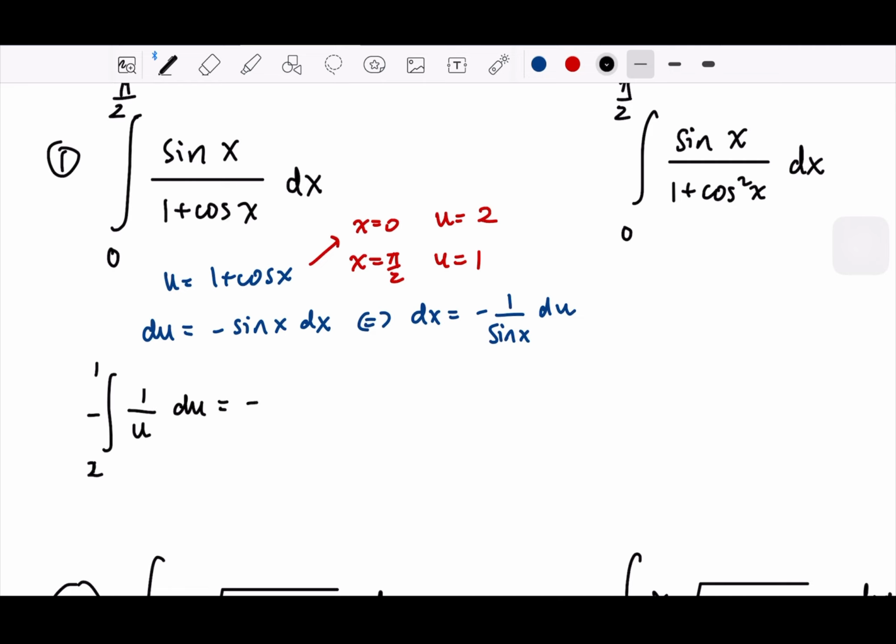So this will be negative ln u from 2 to 1, so negative ln 1 minus ln 2. So this is 0, and this will be ln 2. Okay, that's the first one, and the rest will be in tomorrow's class.